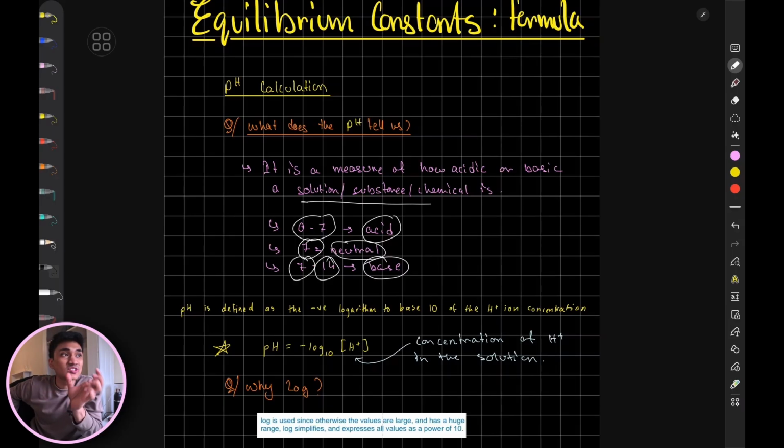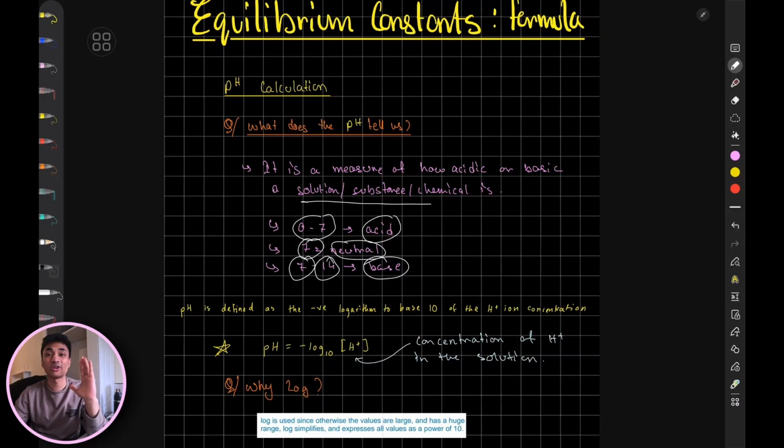So this range of H plus concentrations, several powers of 10, all of these have been brought into a small scale of 0 to 14. All of that has been squeezed into a 0 to 14 scale.